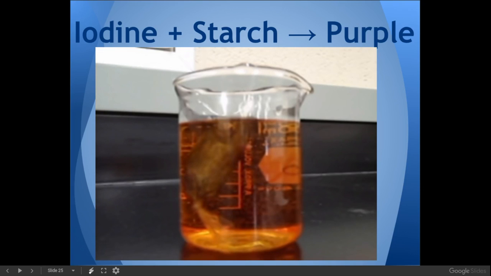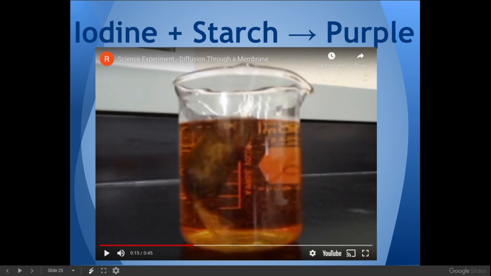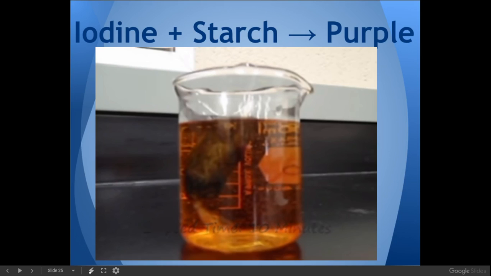We can see that the bag, inside of the bag, is becoming dark. It's turning purple. But the outside of the bag is not turning purple. And so this leads us to believe that after a period of time, iodine has gone into the bag, but starch has not come out of the bag because the bag itself is now purple.